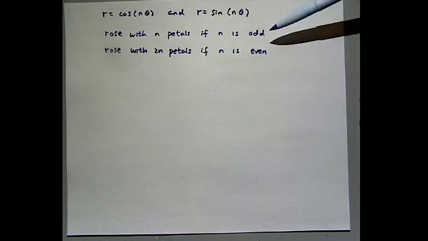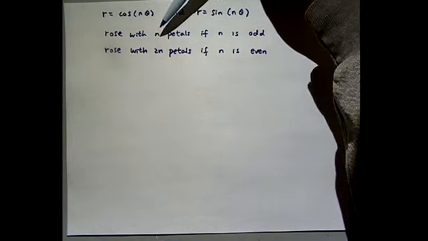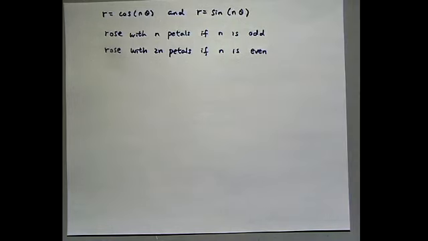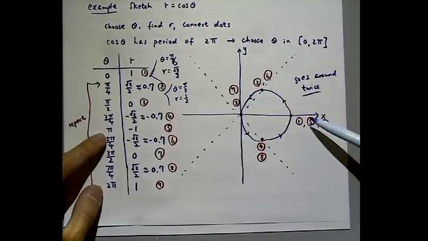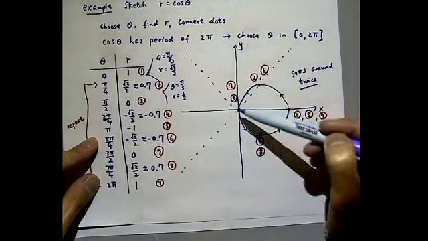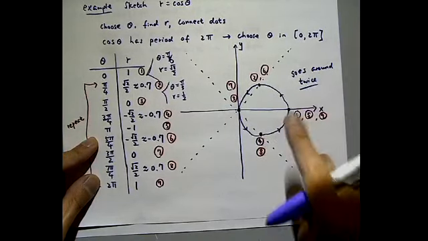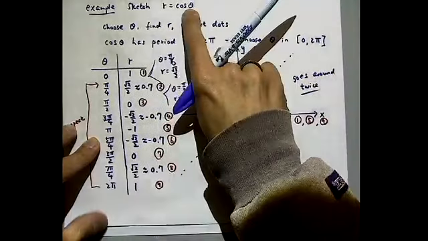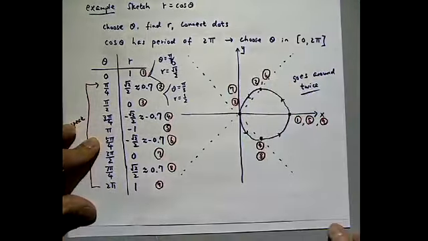And actually, even with the odd number, what happens? Well, we only see n of these because 2 of them will overlap. Go back to the first example again. Notice we completed a petal at pi. But then the next one, instead of going over here, sits on top of the previous one. It's overlapping. This happens with any cosine n theta or sine n theta when n is odd. We'll have them overlapping.